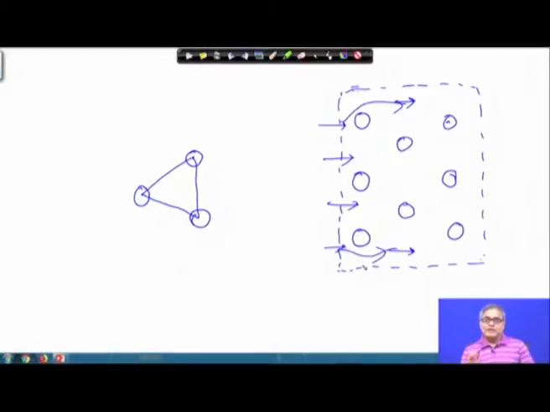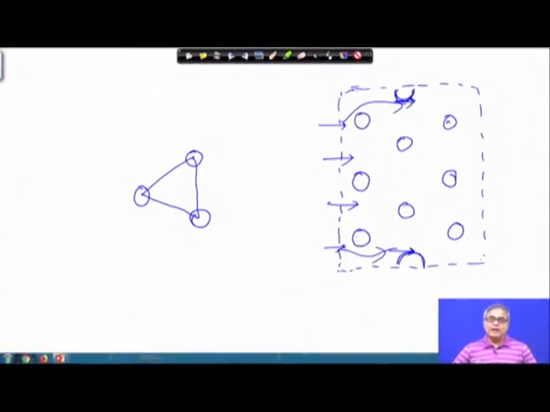This problem will be there towards the end when there is a staggered arrangement of tubes. So, what one can do here is put half tubes, which are dummy tubes.